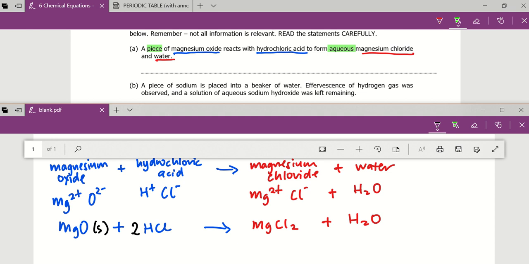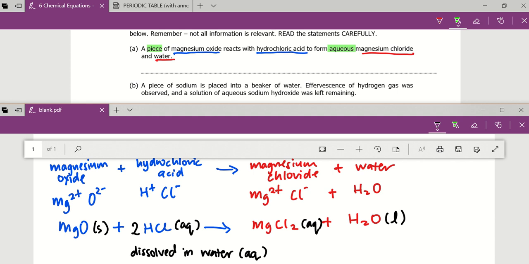Hydrochloric acid, for all acids, must always be dissolved in water. So anything that is dissolved in water is in the aqueous state, right? So for acids, they are all aqueous states. For magnesium chloride, it's written that it's aqueous, so it's aq as well. Water is liquid.